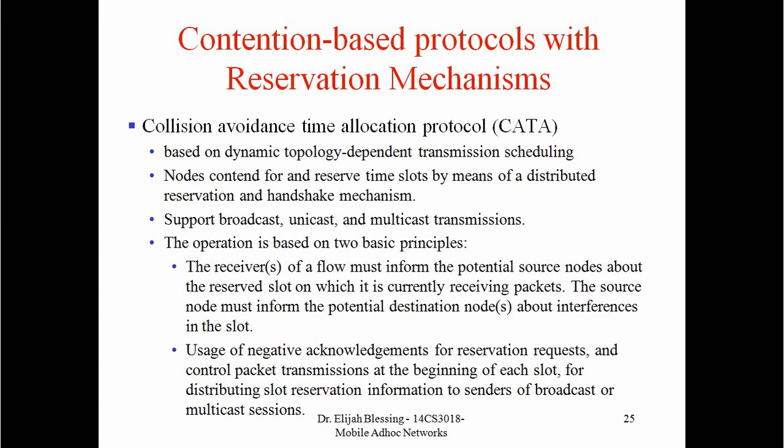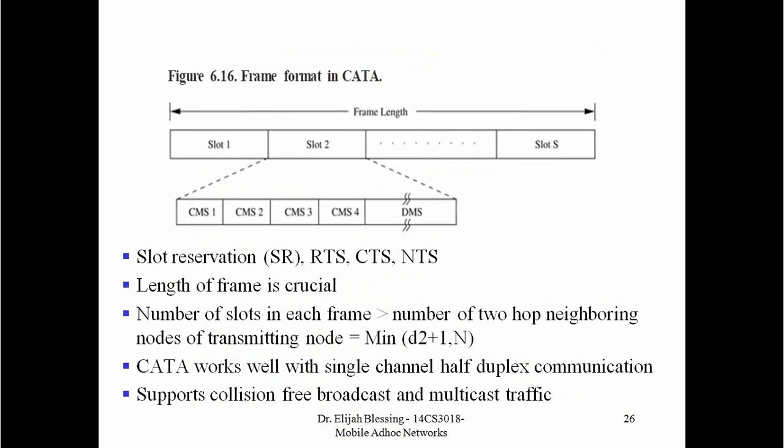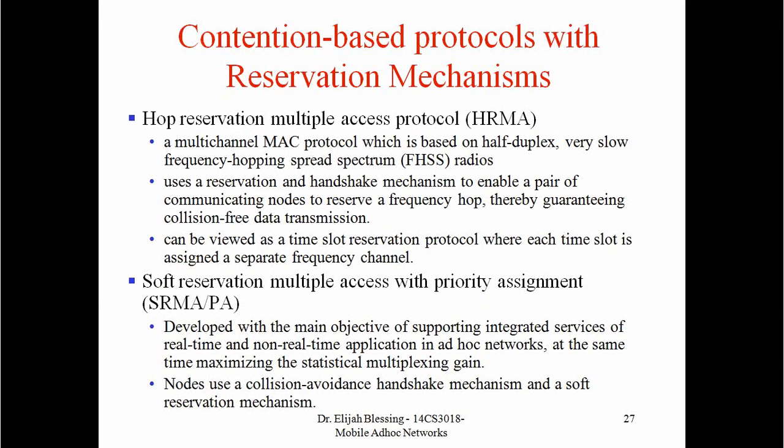We learned about a protocol called the collision avoidance time allocation protocol, which is called CATA, and then we learned content-based protocols with reservation mechanism, especially HRMA, and also the soft reservation multiple access with priority assignment protocol. Basically these protocols come under the category of contention-based protocols with reservation mechanisms.